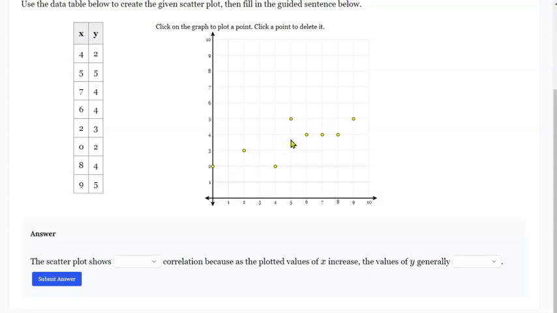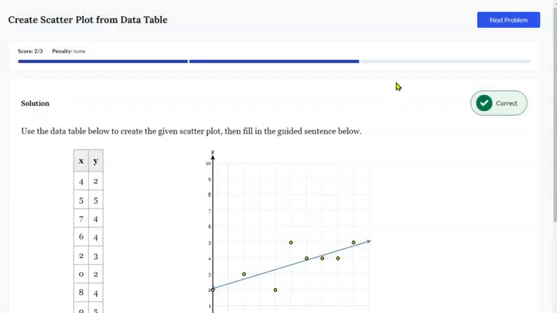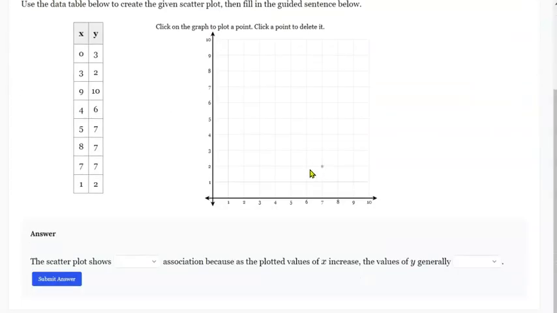And if you can, then that diagonal line would indicate a type of trend. So this one's very weak, but it is positively growing. As the x values increase, the y values are also generally increasing. You'll be asked to do this 3 times and choose from these drop-down menus.